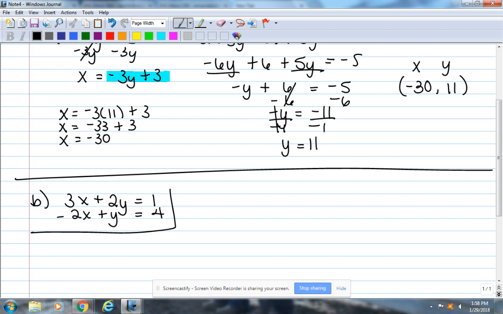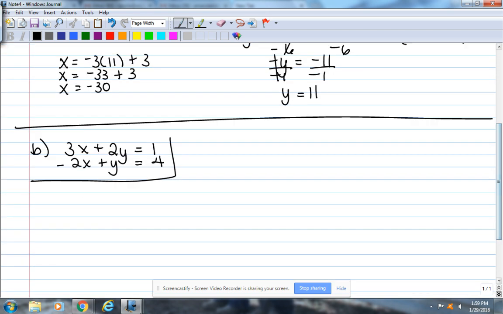All right, we want to pick a variable and solve for it. Now, which one of those 4 variables do you think is going to be the easiest one to get by itself? Which y? Top one or bottom? The one on the bottom. Why is it the easiest one? It's already by itself. Very good. It doesn't have a number with it to divide away, so it's just one step less to do.